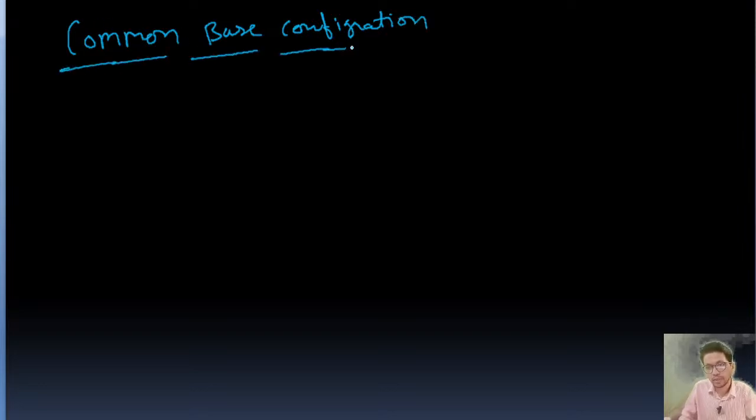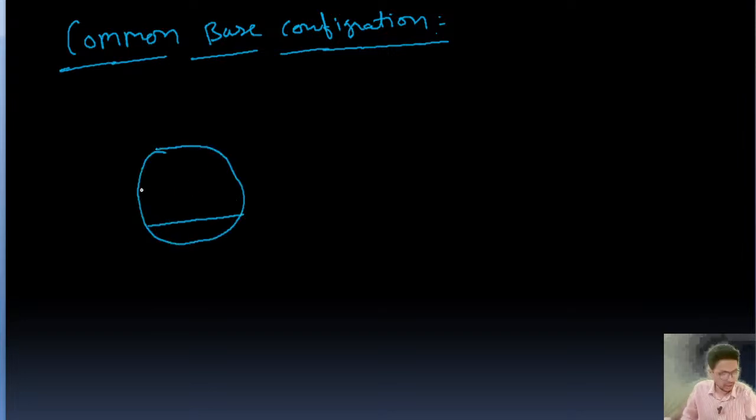So I'll make a figure first. So this is a PNP transistor. This is N, this is P, and this is P.